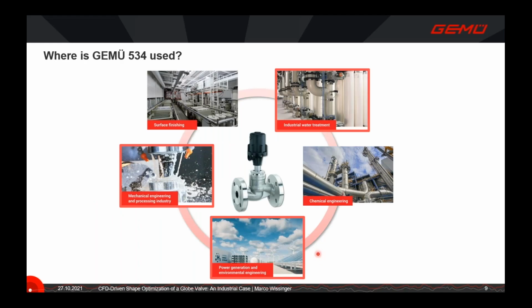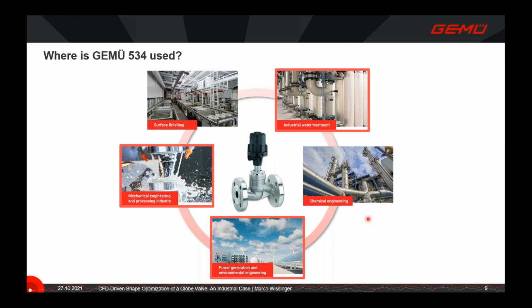As I said before, the Gemu 534 is used in the business unit industry, and this business unit is focusing on 5 different markets. The markets are, for example, surface finishing and chemical engineering industries.